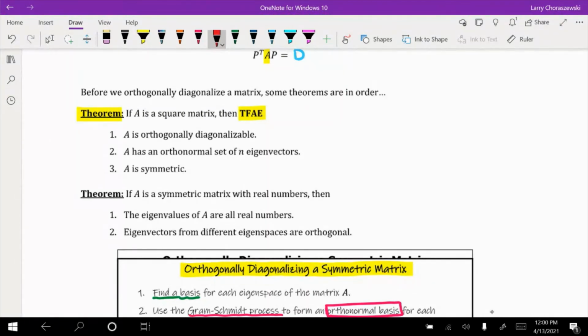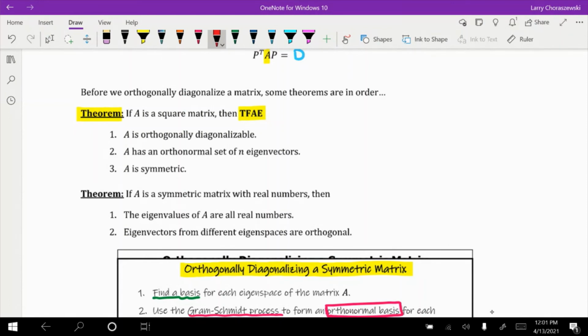Now, this is a there exists statement. This doesn't necessarily tell you what they'll be, nor does it tell you that they're going to automatically be orthonormal when you find them. It just says that with your eigenvectors, there should be a way of making them orthonormal. Okay, so this is more of a there exists.